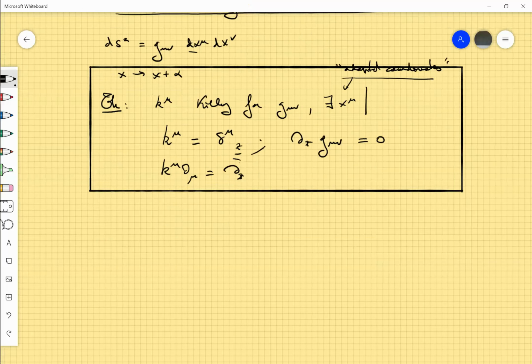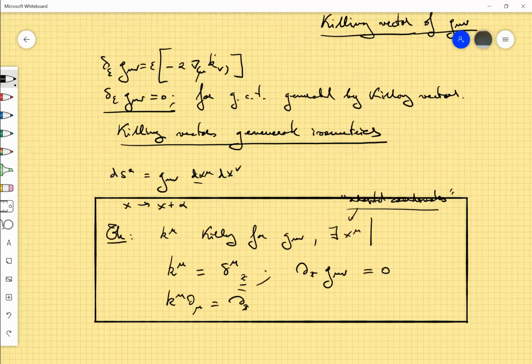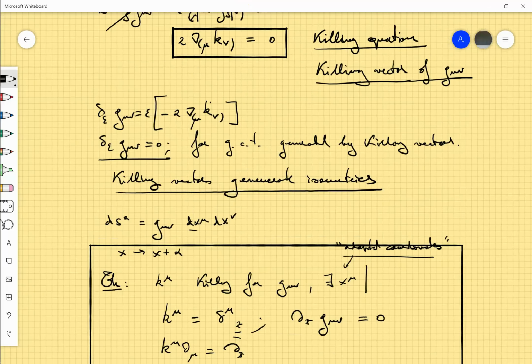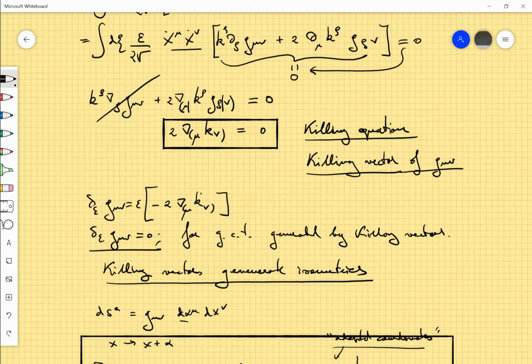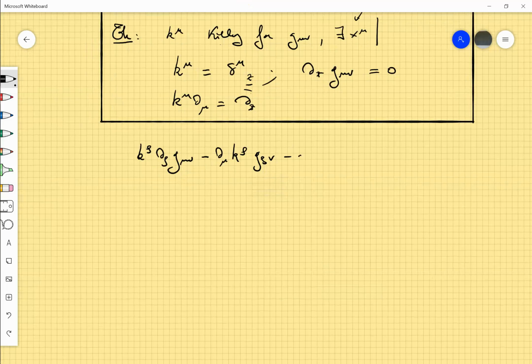We can do it now, because the Killing equation that we wrote with the covariant derivatives, we have another expression for it: k^ρ ∂_ρ g_{μν} minus ∂_μ k^ρ g_{ρν} minus ∂_ν k^ρ g_{μρ} equal to 0.